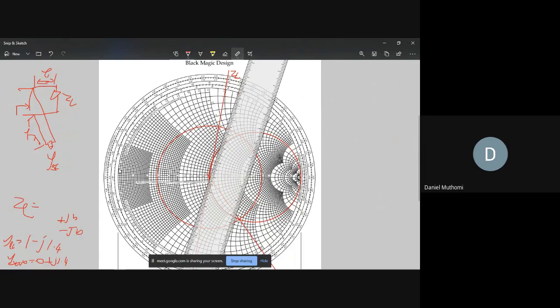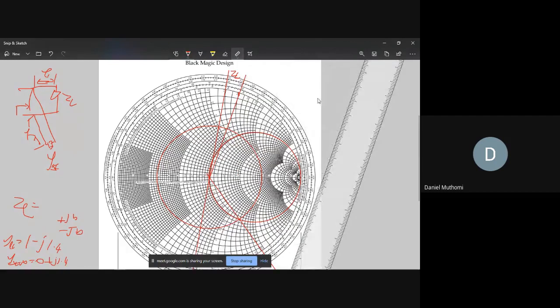The largest circle here is 0, so it's 0 plus j1.4, which is now that line. This is our stub line, its admittance.